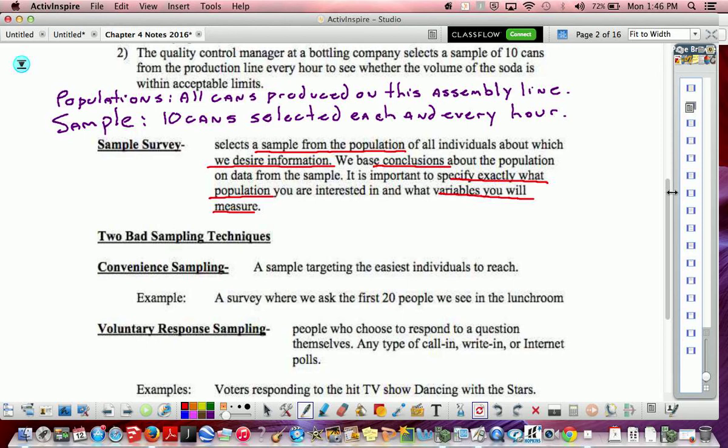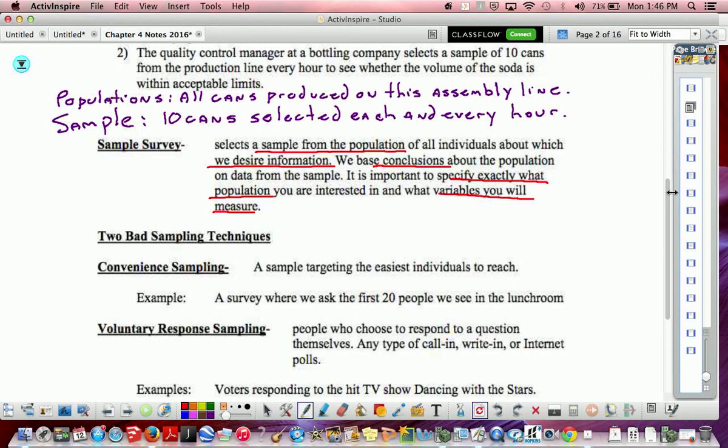Okay? So companies will do this. They will take a sample of their product to make sure that everything is okay. I tend to use this as a common example: a company makes potato chips. They will take a sample every 15 minutes and they will measure the salt content.